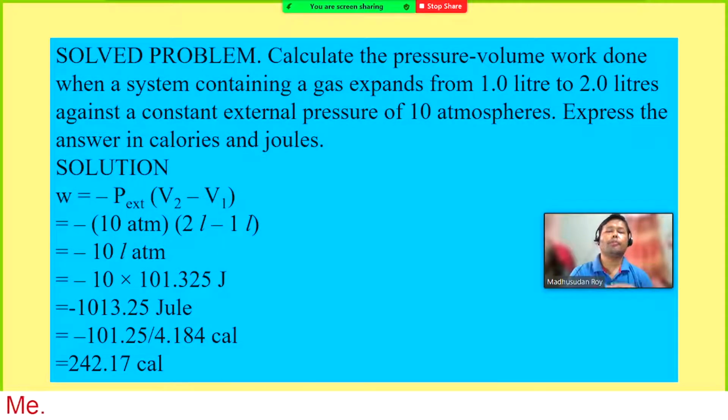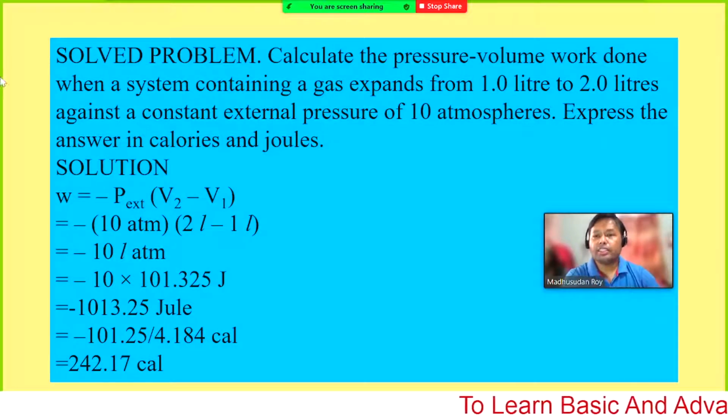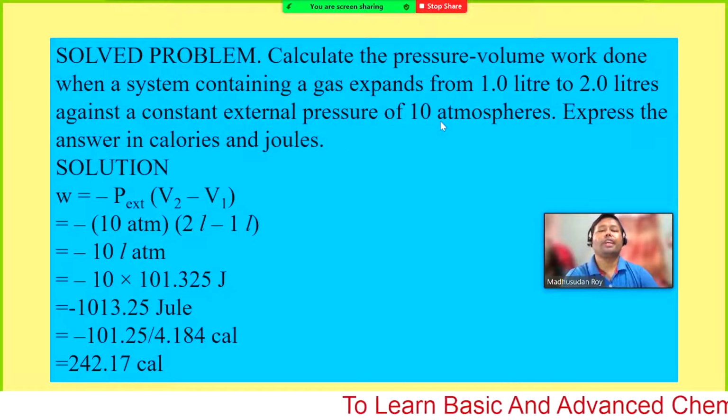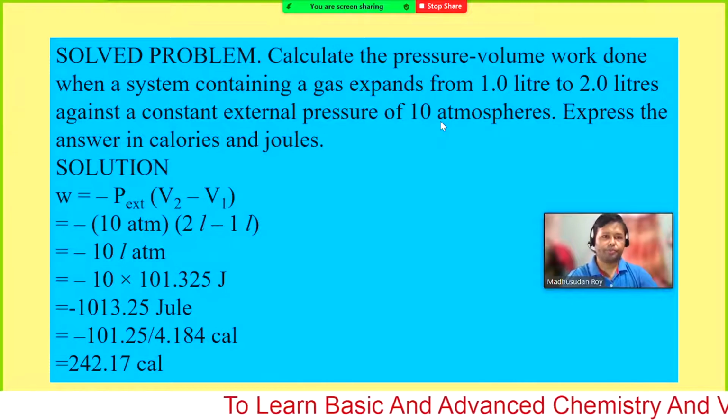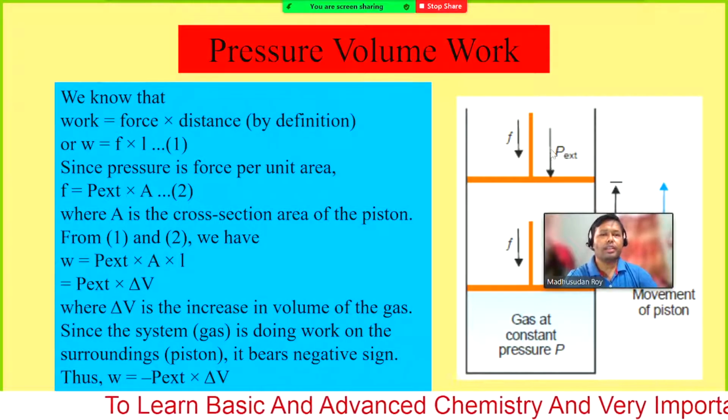Initially the piston was at the bottom and finally the volume expands, against a constant external pressure of 10 atmosphere. So this is our external pressure.